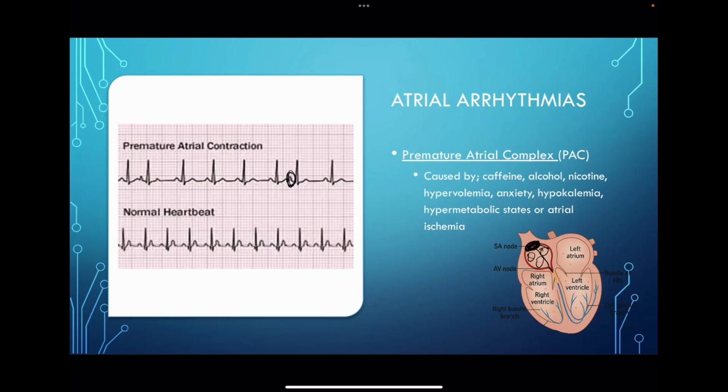So the only thing that changes is the distance from that one QRS to its previous QRS. The signal still travels down the SA node. So when a PAC happens, it is affecting the P wave, bringing it forward because it's a premature contraction of the heart, which then shortens that distance before the next one.